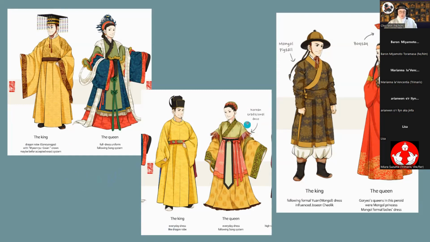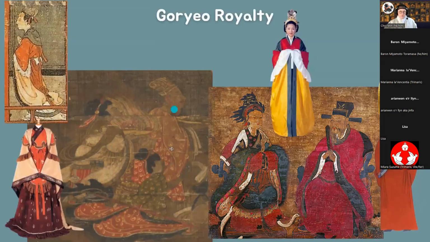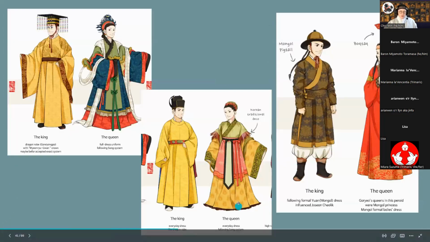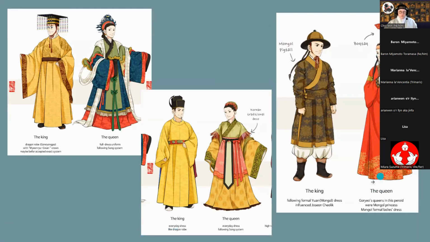But you're going to want to try and incorporate your own interpretation, because it's hard for us to fathom that, yes, the queen would have married in and dressed like this, but unless she brought a lifetime's worth of seamstresses and fabric in her retinue, she would have eventually started wearing more Korean style stuff.